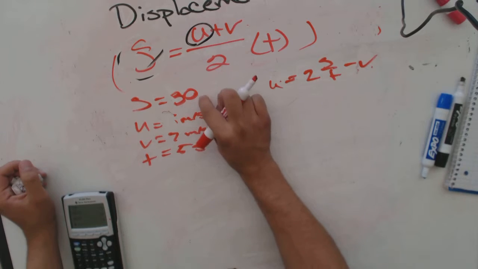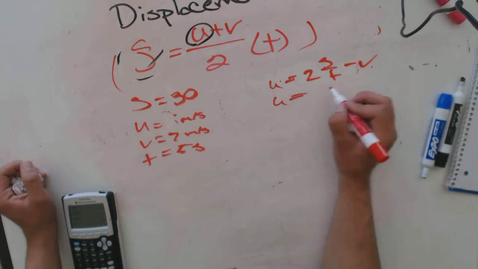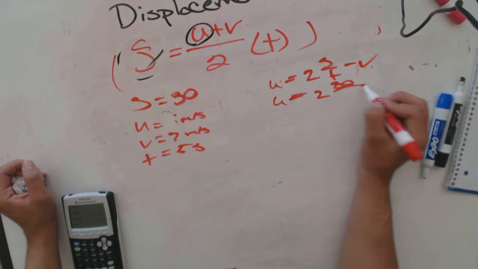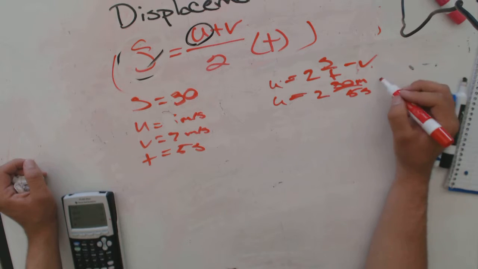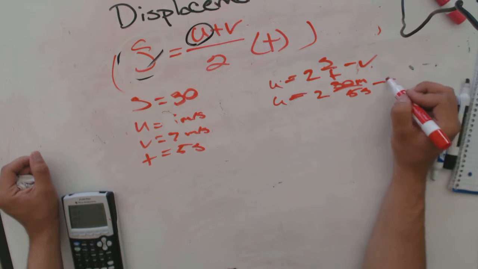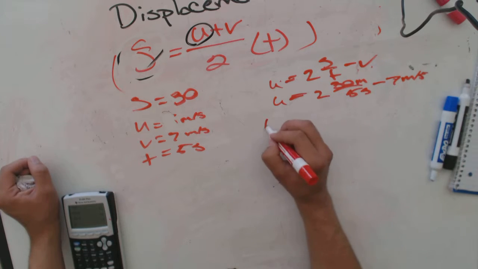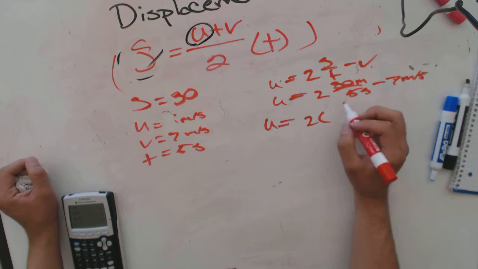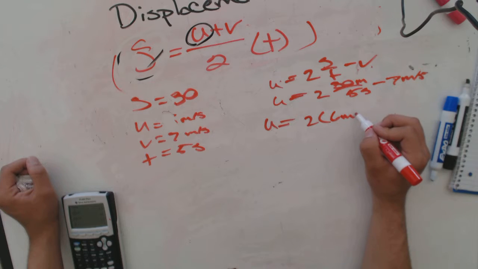Remember, we already know that S is 30 from the last problem we did. So initial velocity equals 2 times displacement, which is 30 over 5, so meters per second, minus 7 meters per second, which is our final velocity. So 30 over 5 is 6 meters per second.